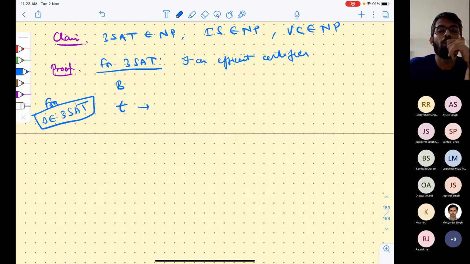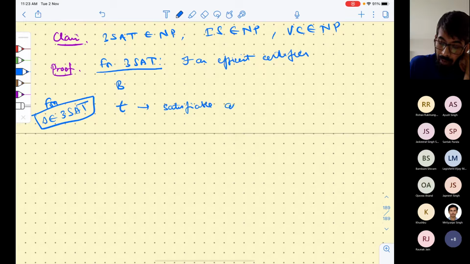Is T any assignment? It's the assignment of truth values that makes S correct, so it's a satisfying assignment for the instance encoded by S. And what does B do?